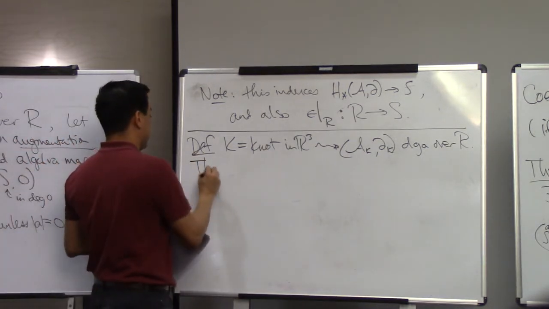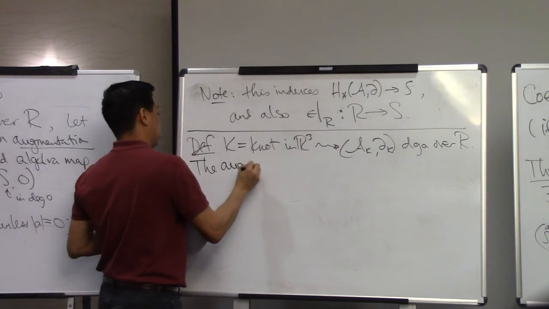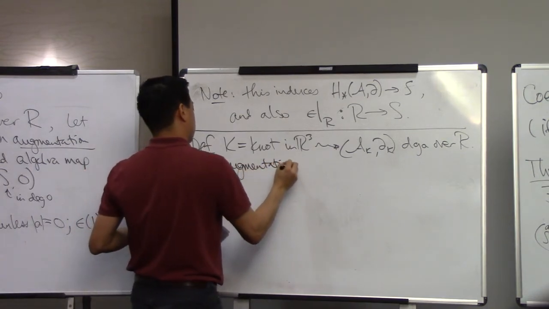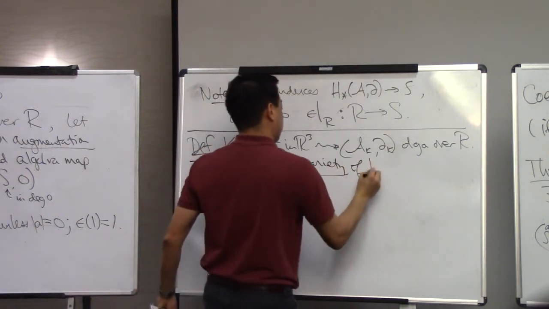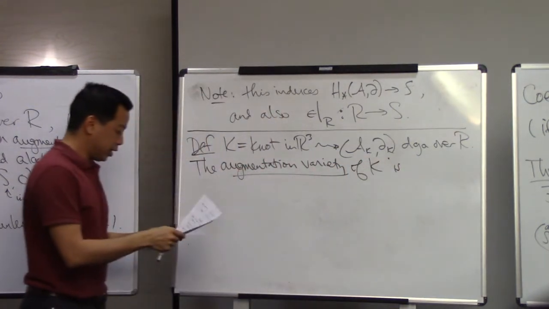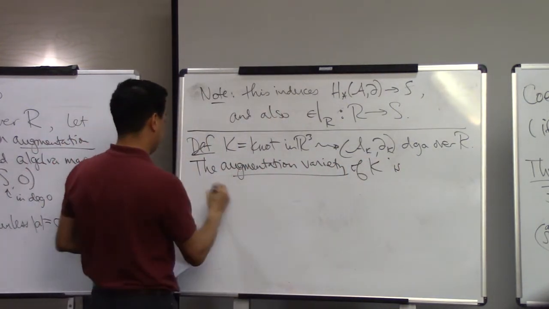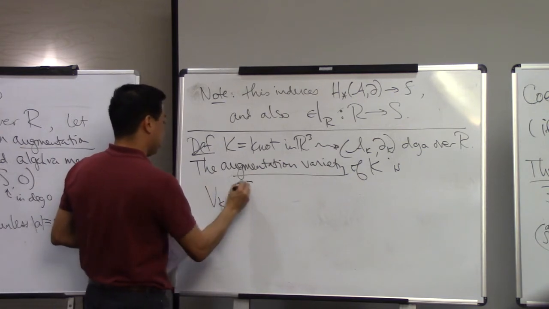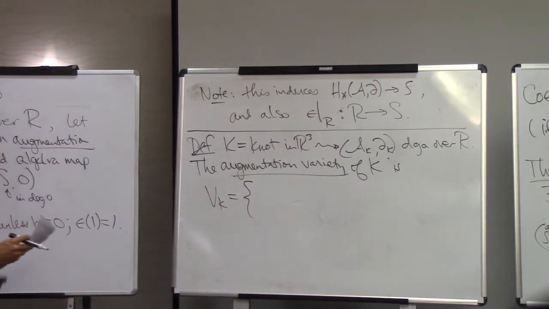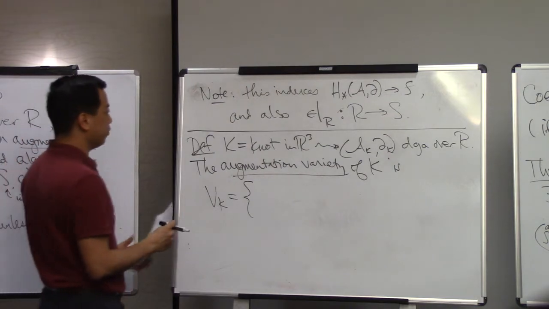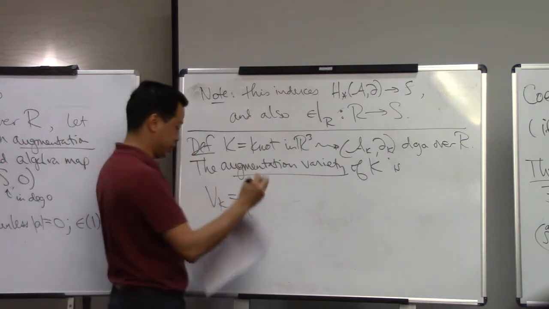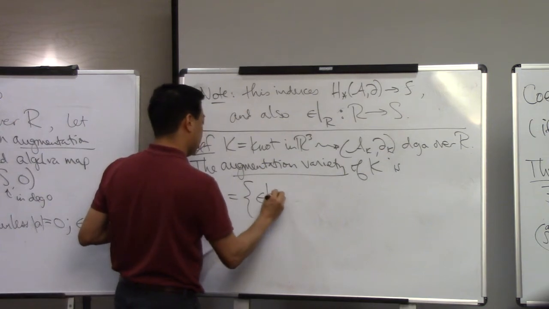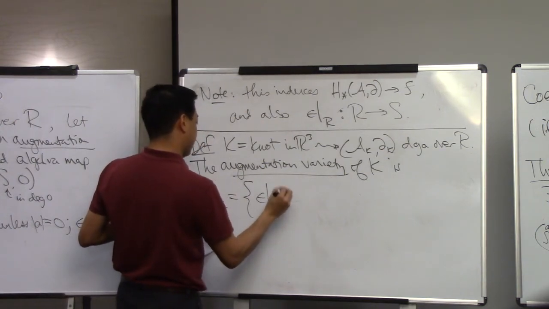So the augmentation variety of K, I'll write it as V_K, is the set of restrictions of augmentations to R. So epsilon restricted to R. Sorry, all my epsilons look the same.